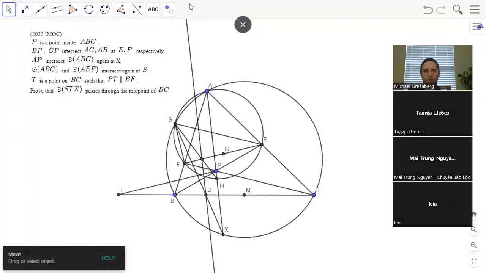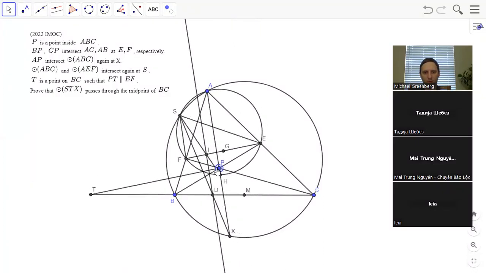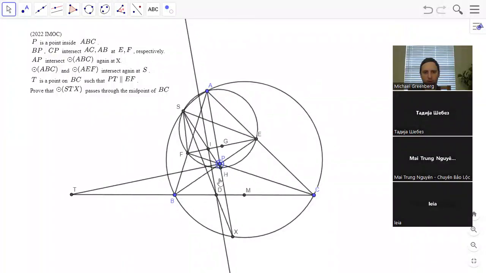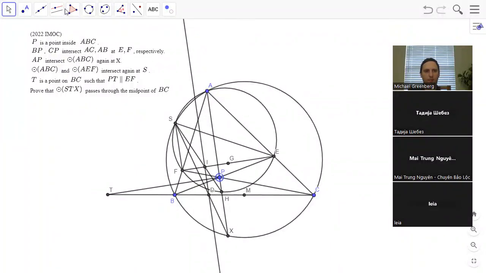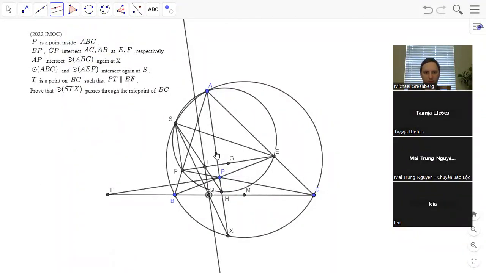Yeah. Let me use the... Oh. Yeah, it sure looks like it. I could check it just by doing this, but yeah.